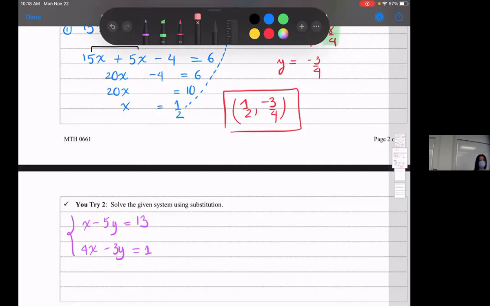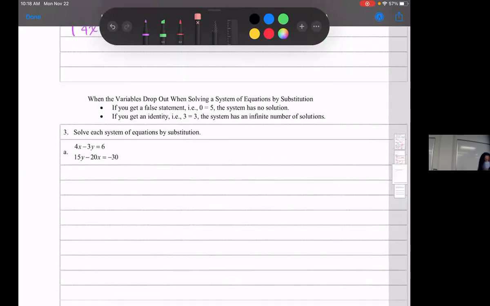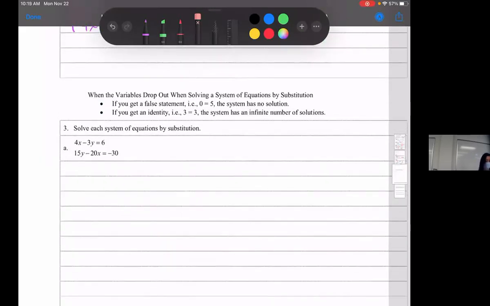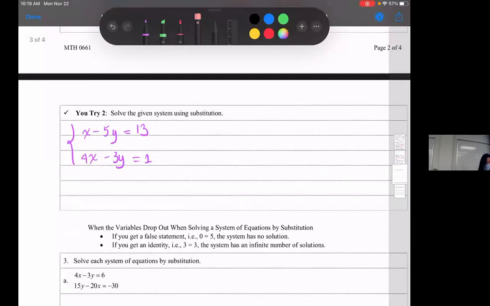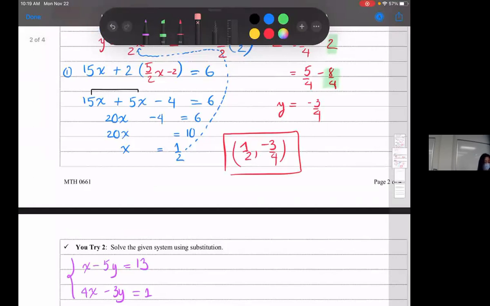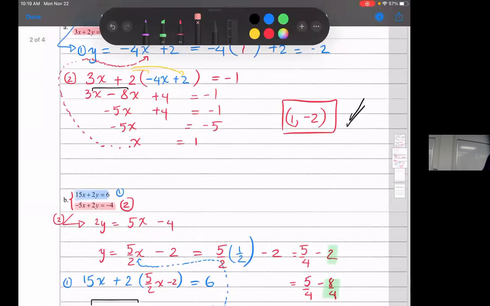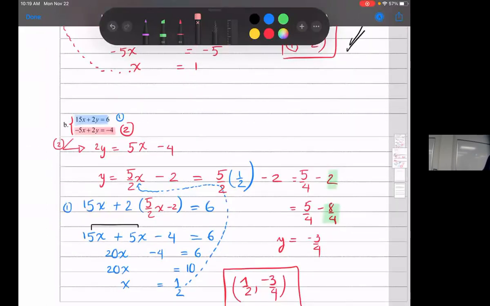All right. Let's continue solving systems of equations using substitution. But these two are a bit special compared to the ones that we've been doing. How many solutions have we been having so far? One solution, right? And we say that we can have one solution, no solution, or infinitely many solutions. So when do I have no solution?